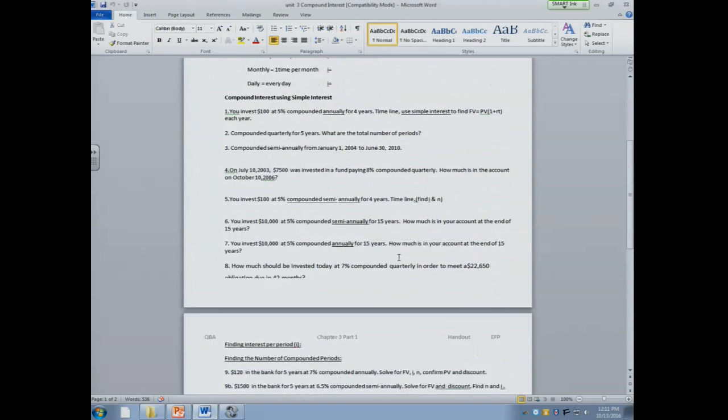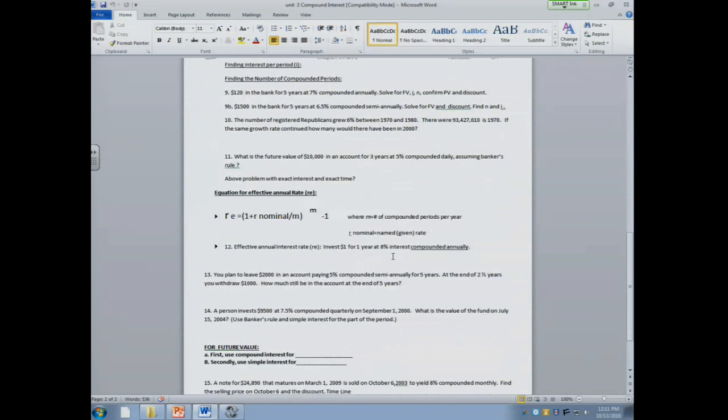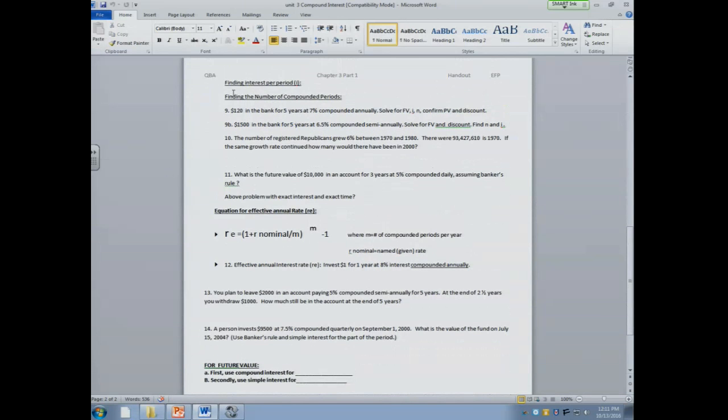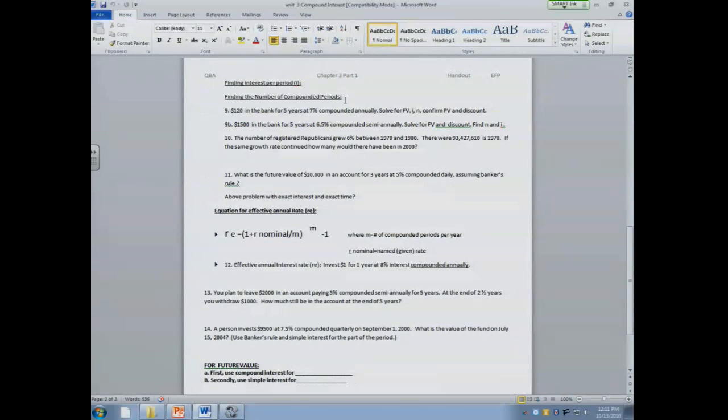And then we got down here to question 9, and finding the number of compounding periods. Because sometimes we're looking for future value.